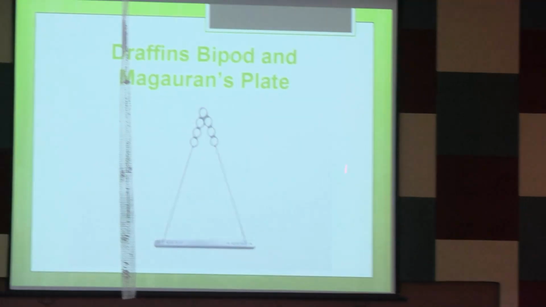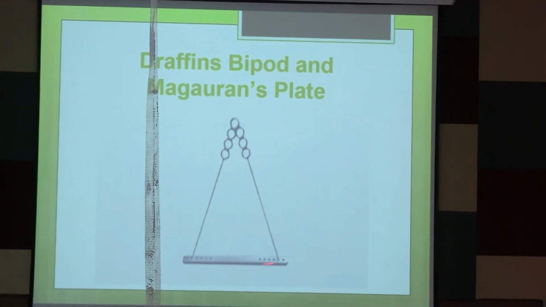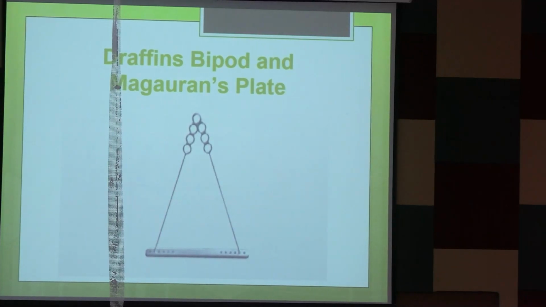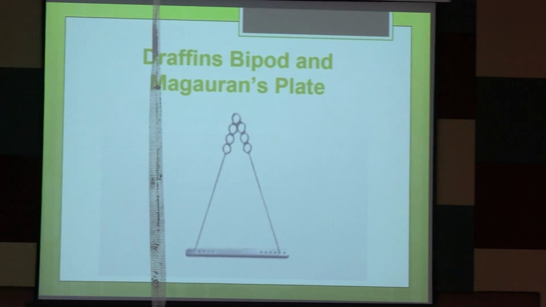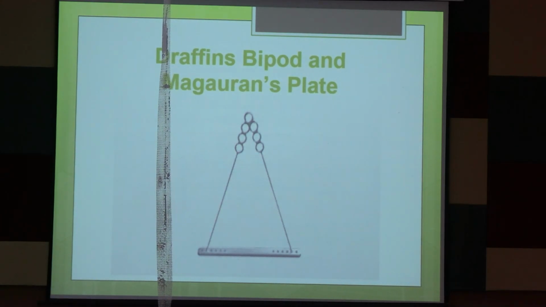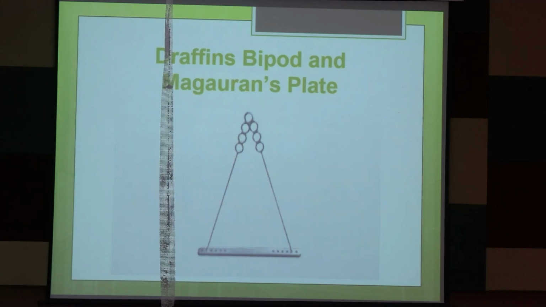Okay. And with this instrument, this kind of instrument is also used, okay, to fix it, to have a stability during surgery so that it does not move. These are all separable. We call it Draffin's bipod and Magauran's plate. Okay, right?